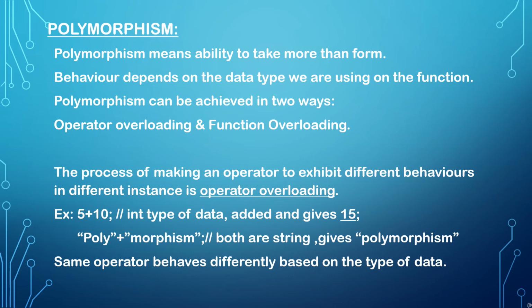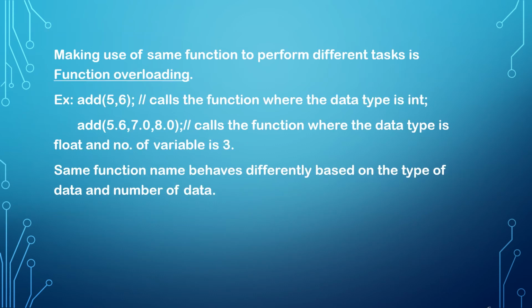Let us see what this is. Function overloading is making use of the same function to perform different tasks. For example, add is a function for adding two numbers or three numbers. Here see an example, 5 comma 6.